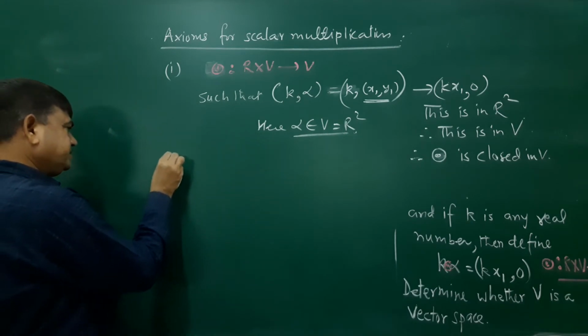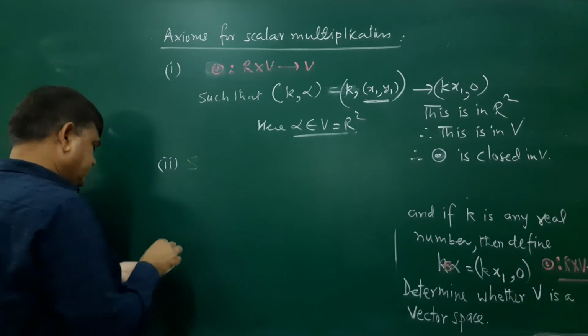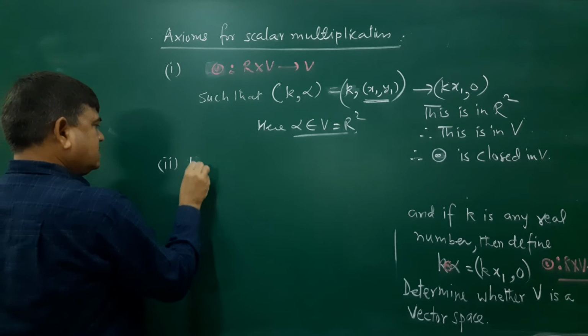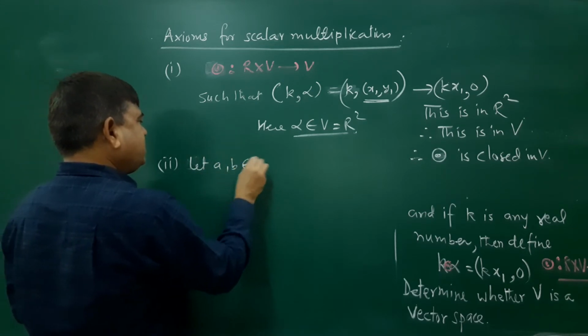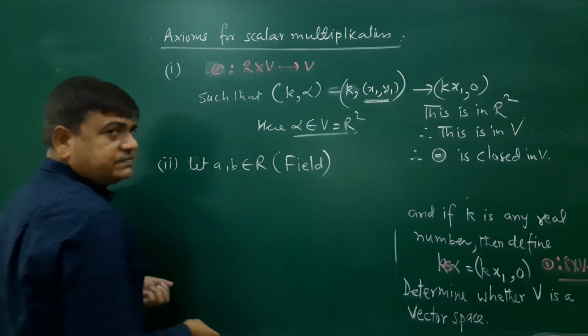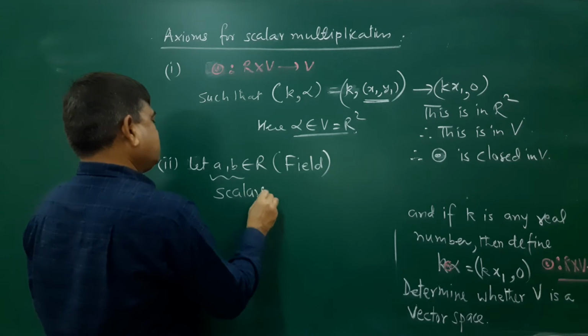Number 2. Let A, B belong to R. Remember, R is a field. These are the steps.